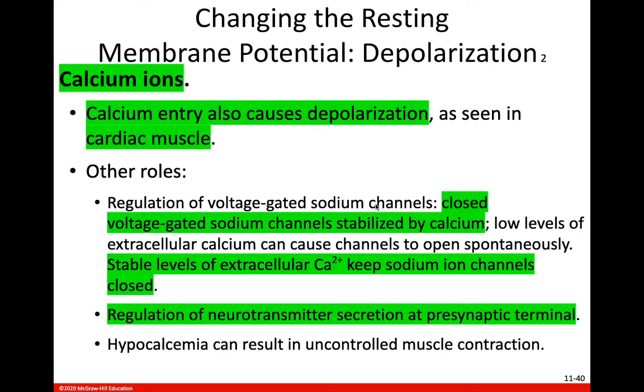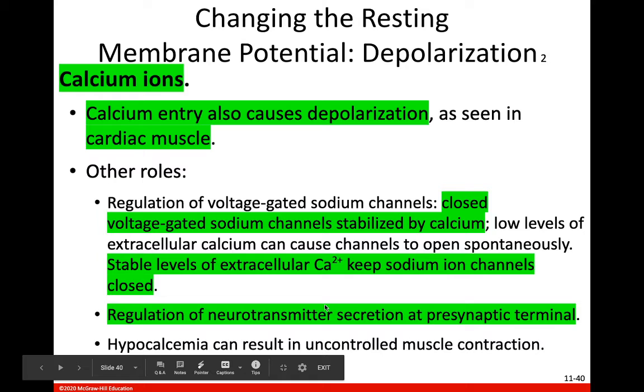Also, when calcium ions are used for depolarization, they can stabilize those voltage-gated sodium ion channels. So if we have enough calcium, then our sodium ion channels will remain closed. They help to stabilize those channels.